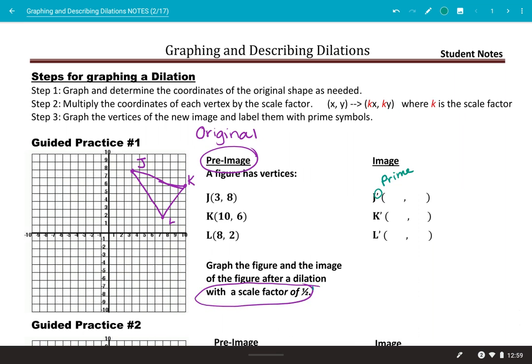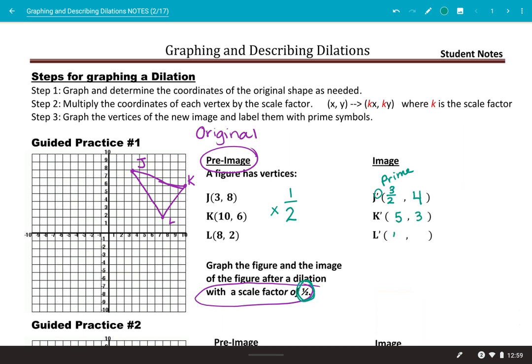And what we're going to do is take this 1/2 and multiply it by each of our numbers. So 3 times 1/2 is 3 over 2, or 1.5. Half of 8 is 4. Half of 10 is 5. Half of 6 is 3.